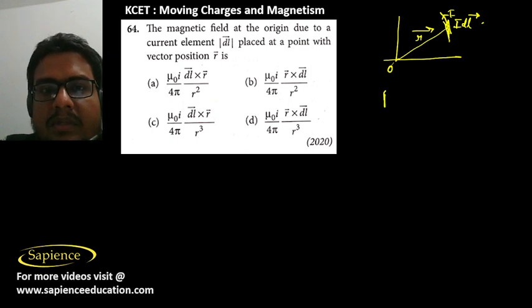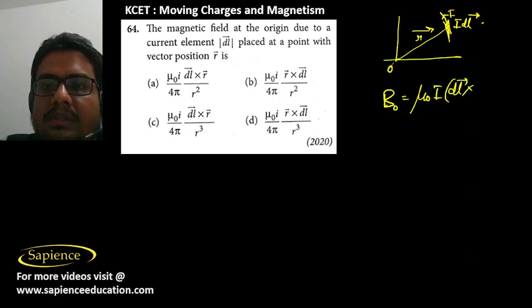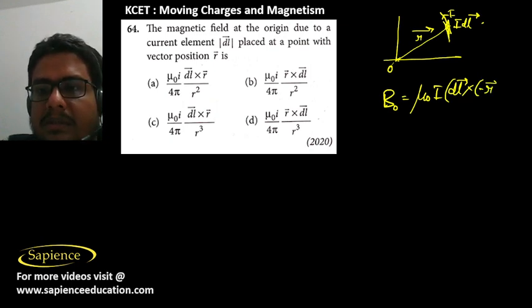This will be mu naught I dl cross r. With respect to this point, the position vector of the point O is minus r vector, divided by r cube, and 4 pi is there.